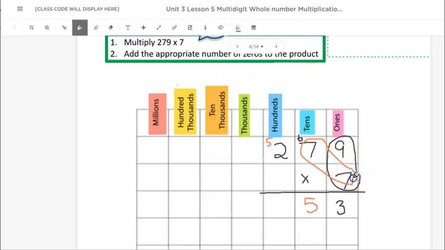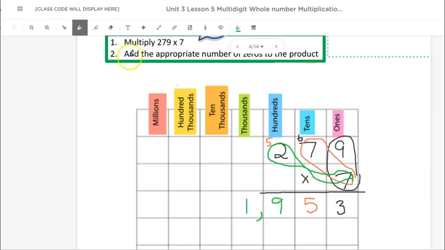Then last, you are going to do 7 times 2. And 7 times 2 is 14, plus 5 more, 15, 16, 17, 18, 19. And I will carry that 1 into the thousands column. And then we can add a comma.